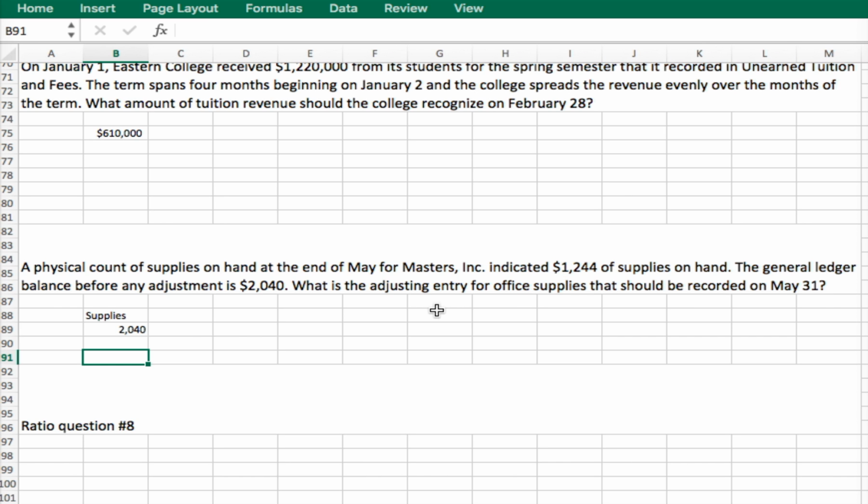Well, we figure out the difference between 2040 and 1244, and we put that on the credit side. That is going to be the credit portion of this entry, a credit to supplies for whatever the difference is.